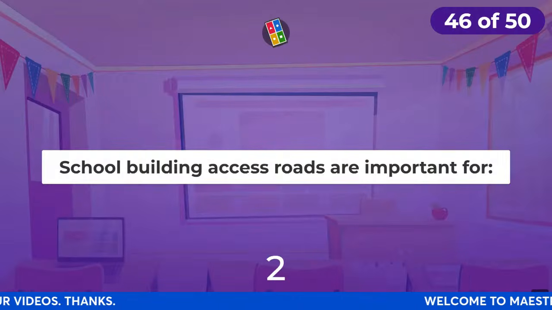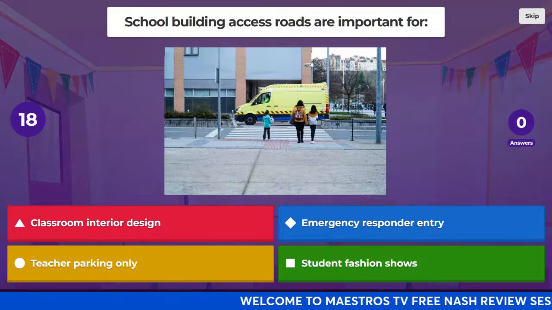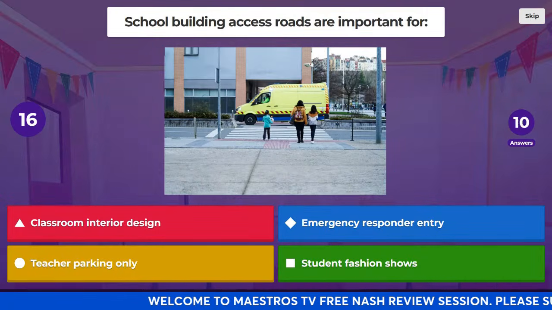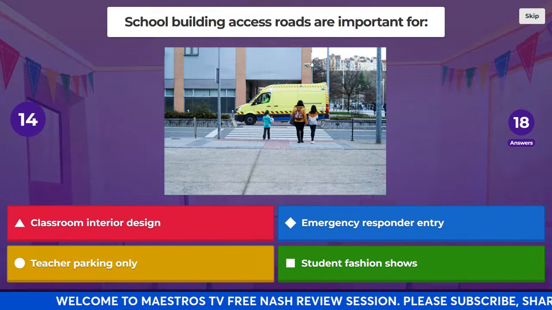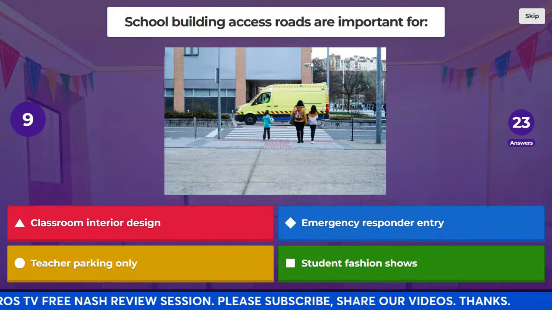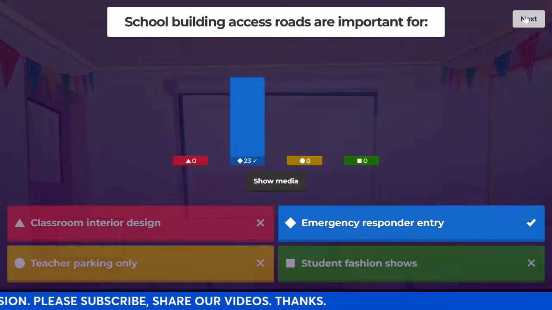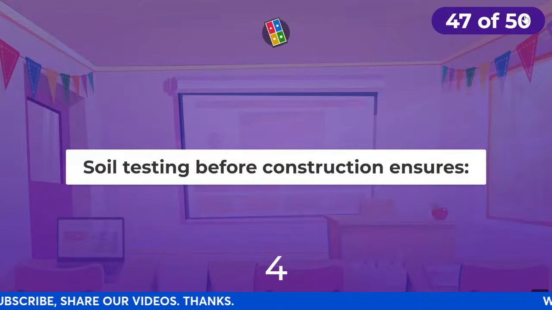46. School building access roads are important for emergency power entry, responder entry. 47.